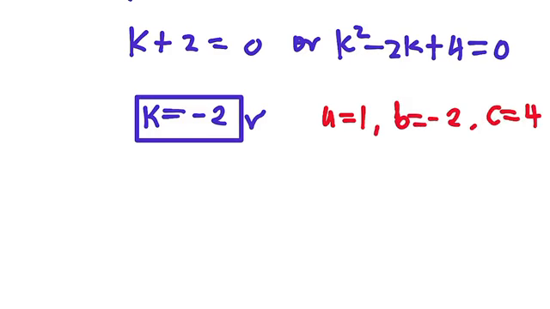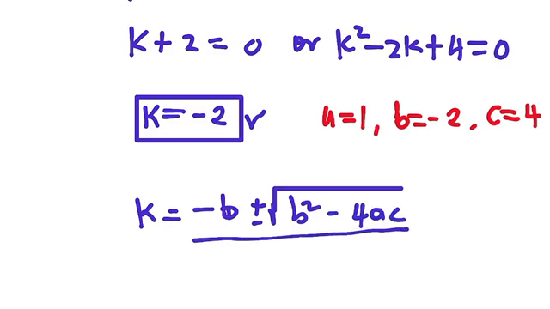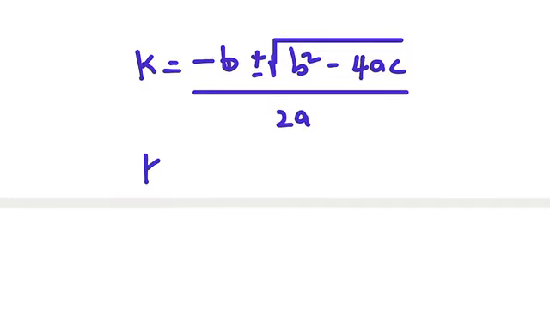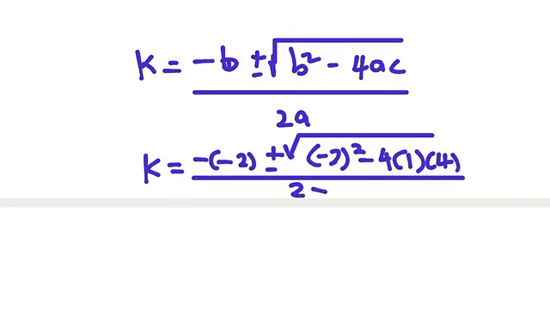So using the quadratic formula, we're going to have k equals minus b plus or minus the square root of b squared minus 4ac, all over 2a. So from there, k equals, what is our b? b is minus 2, so we have 2 plus or minus the square root of b squared, that is minus 2 all squared, minus 4 times a, 4, all divided by 2 times 1.